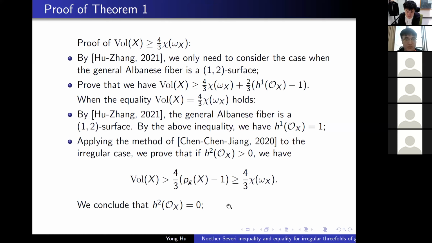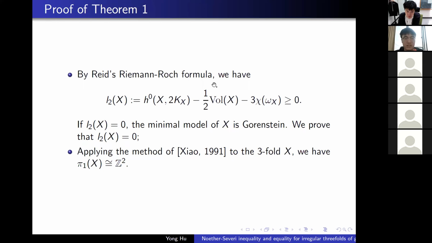Then, by the Reid-Riemann-Roch formula, we have the following number, L_2(O_X), defined as h⁰(2K_X). This is just P_2(X) minus 1/2 the canonical volume of X minus 3χ(ω_X).